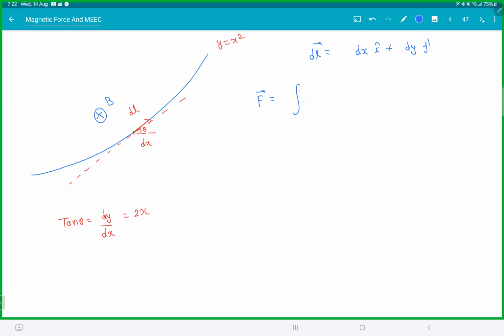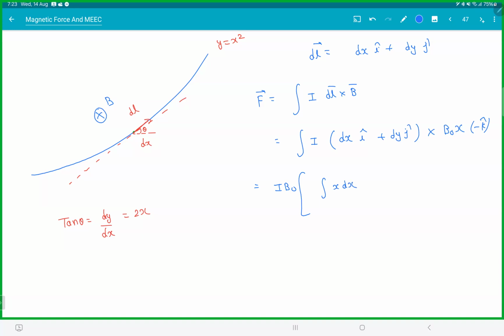So force would be integral I dl bar cross b bar, that is dx i cap plus dy j cap cross b naught x minus k cap. This would be integral x dx.